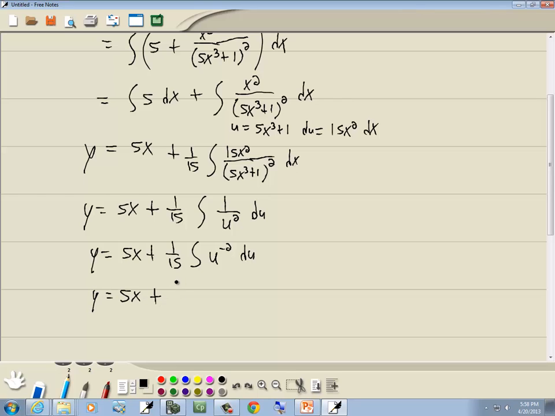Add 1 to our power, so negative 2 plus 1, and divide by our new power, plus c. So we got y is equal to 5x plus 1 over 15 times u to the negative 1 over negative 1, plus c.